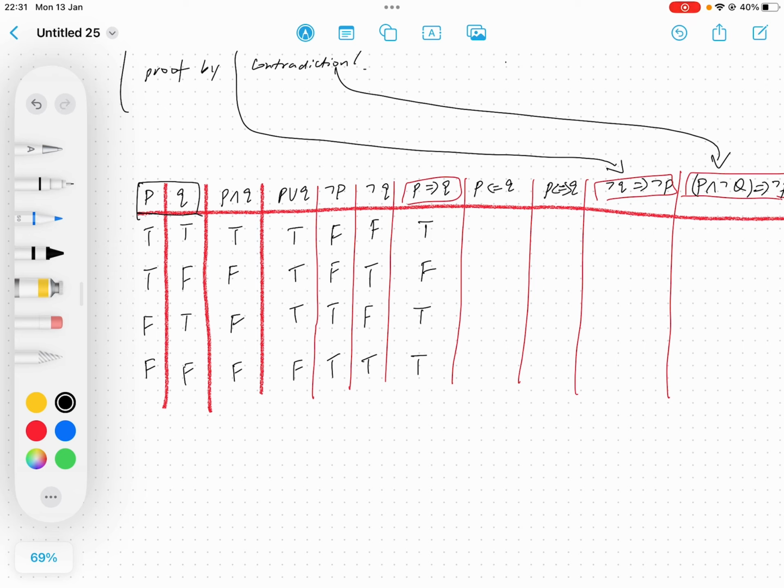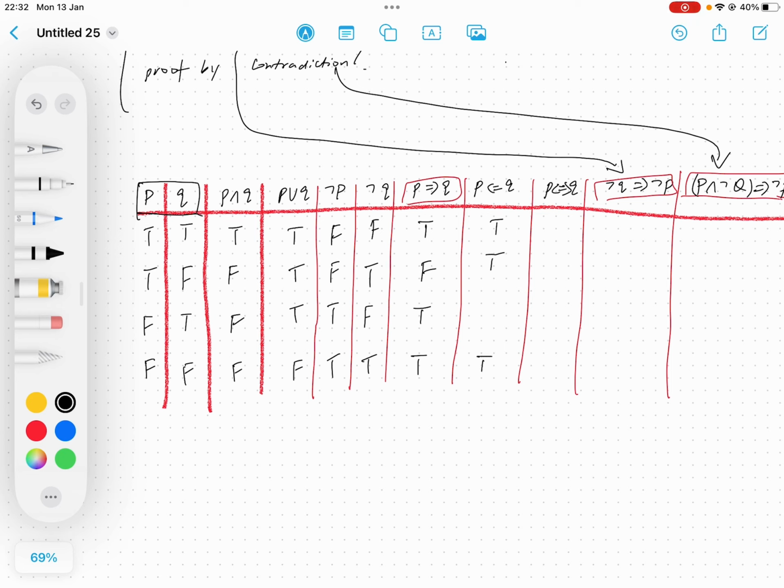Then we can also take some exercise for the next column, when Q implies P. If Q is true and P is true, then this is true. Good. If Q is false, be careful: if Q is false, then this is by default true, and it's the same for the other row.